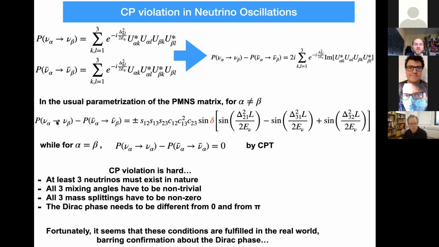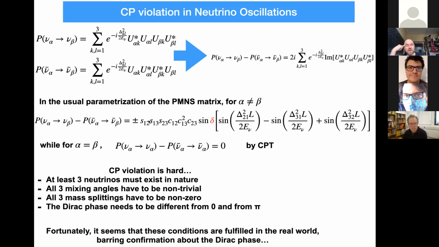So the CP violating observable is the difference between the probability of a neutrino with one flavor oscillating into a neutrino with another flavor, and the probability of an antineutrino of that flavor going into an antineutrino of another flavor. So the difference between these two probabilities can be expressed by the parameters in the PMNS matrix, and all these mixing angles appear in here.